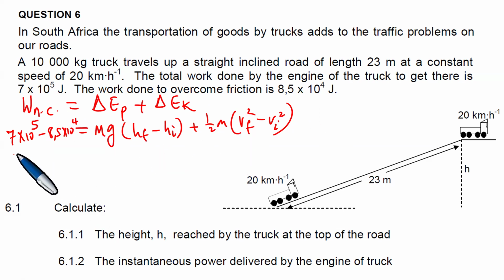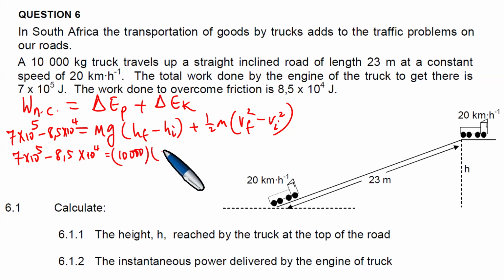Now, at this point, you're going to use your calculators. I'm sure you are very alert now. And you have 8,5 times 10 to the 4th power. And this is the mass, which is 10,000, multiplied by 9,8 meters per second squared, which is the gravitational acceleration.